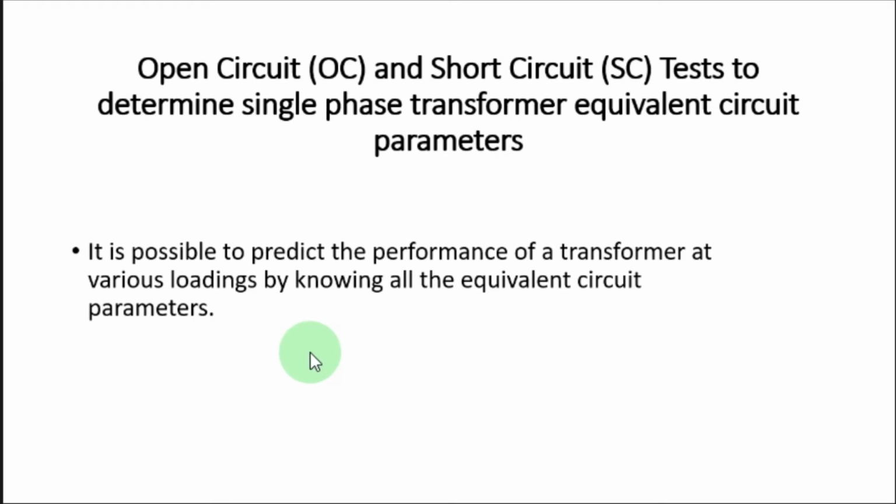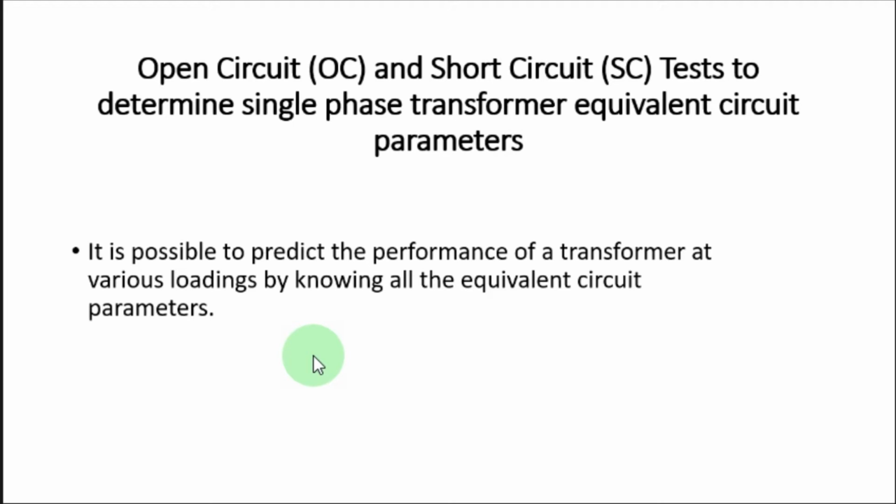You might think why we are doing all these tedious tasks to find these parameters. When you know these parameters, you can calculate voltages and currents easily for different loads.